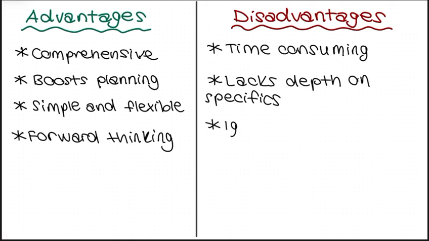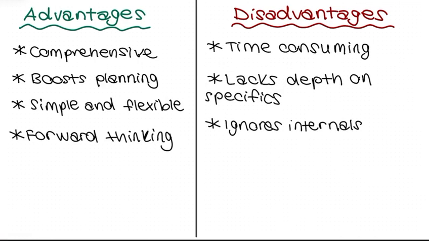And it also ignores internals, only studying the outside of the business. This may miss its own strengths or weaknesses. So combining it with SWOT can create balance for the business. And lastly, it is hard to act on. It flags problems but gives no solutions.